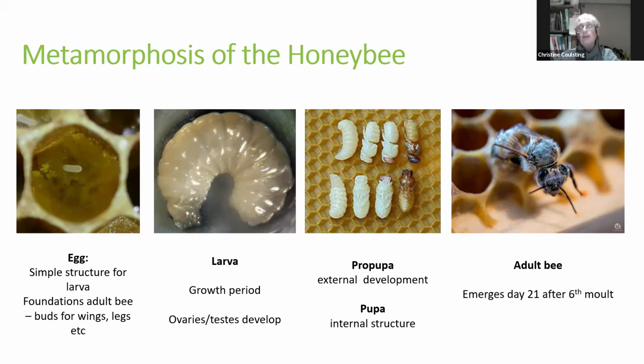So the larva has a basic respiratory system that is remodeled in the pupa. The alimentary system completely changes, and everything else is then developed. So these buds that developed in the egg actually start developing in the pupal stage, and then the adult emerges on day 21.